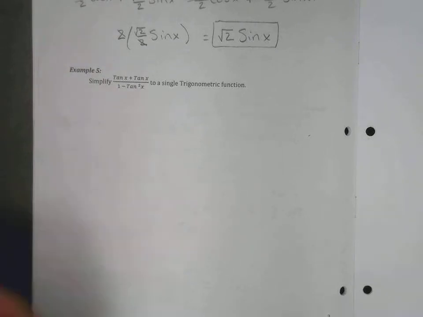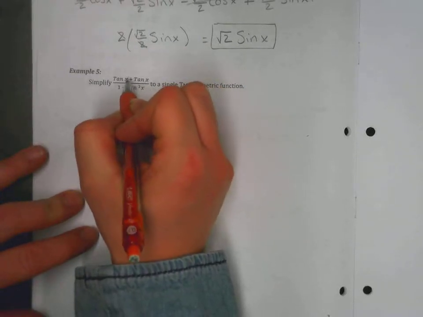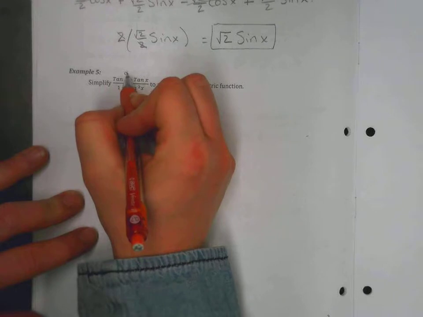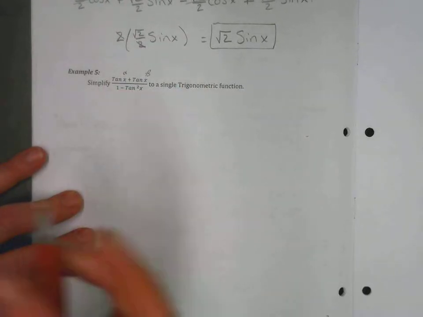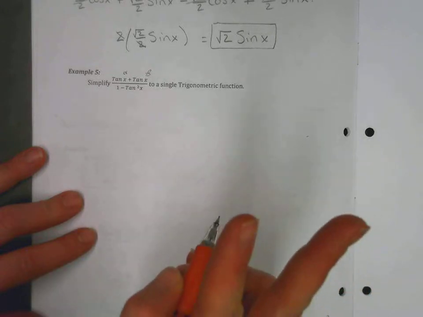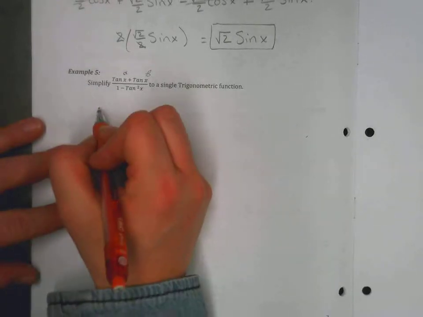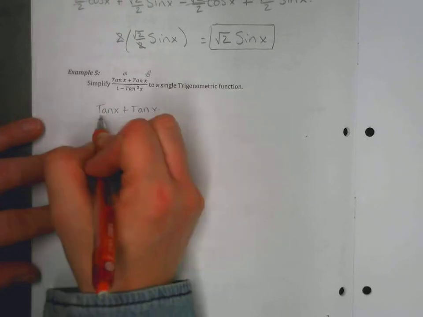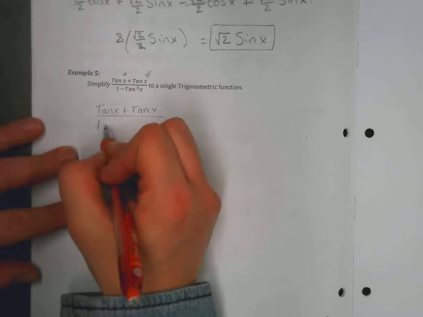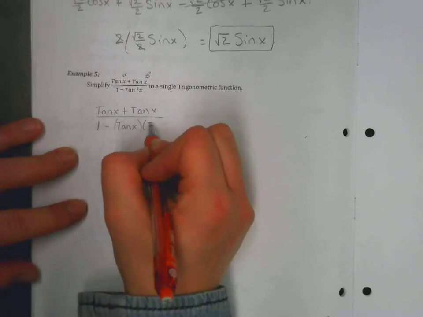When I think about this, technically this could represent my alpha, and this could represent my beta. But alpha and beta in this case are identical. So if I rewrote this as tan of x plus tan of x over 1 minus tan squared x, which is technically tan of x times tan of x.